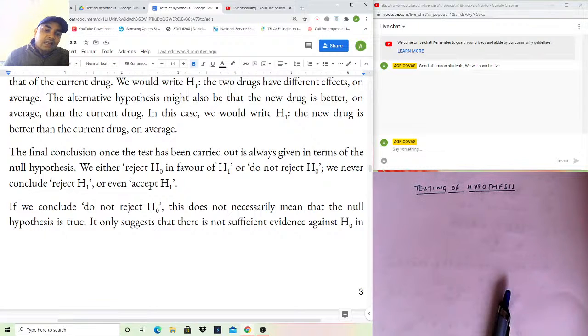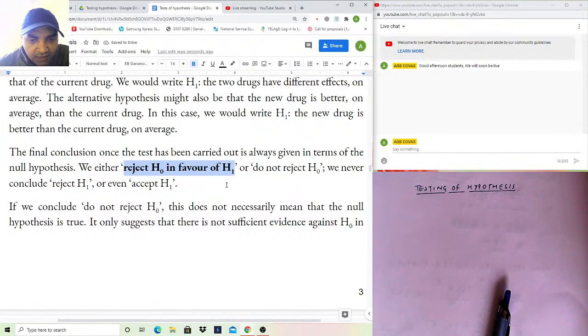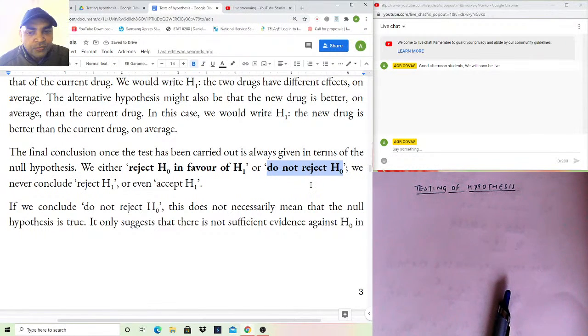After we get the results, either we reject the null hypothesis and favor the alternative hypothesis, or we simply do not reject the null hypothesis, that is, we accept it. So we never conclude that we rejected the alternative hypothesis, or that we do not accept it. It is the null hypothesis which is to be rejected or accepted. That's all.